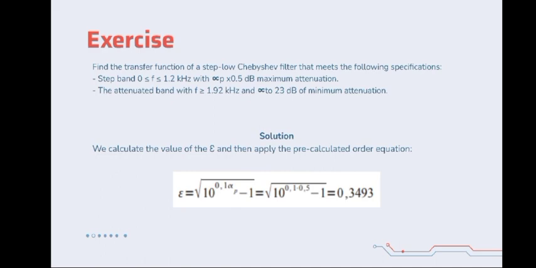Ready, then the first thing is to calculate the ripple value and then apply the equation for the order calculated previously. Values are replaced and the ripple gives us 3049 millis.